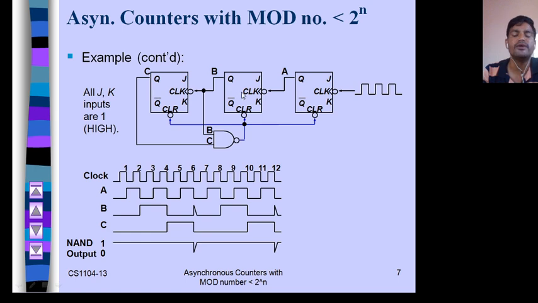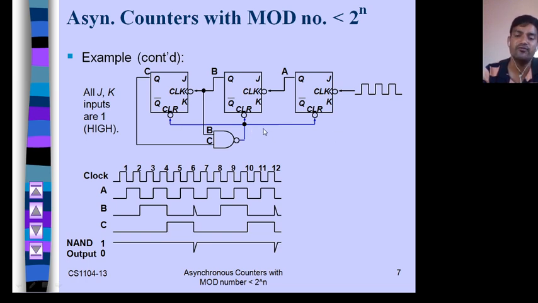Now 0 1 1, again the output is 1. Then 1 0 0, which is 4, and the output of the NAND gate is again 1, so it will not clear.